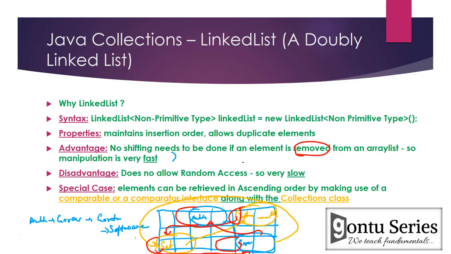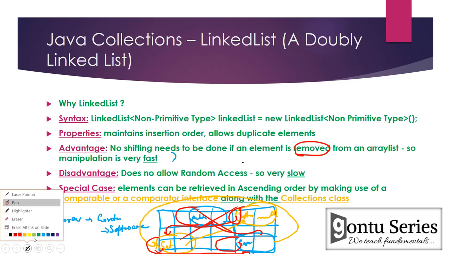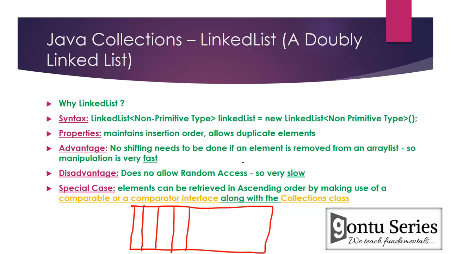Well, let me draw it again. This is something we cannot understand, right? It's so clumsy. Okay, let me draw it again by taking fewer elements so that you see the diagram with less complexity.